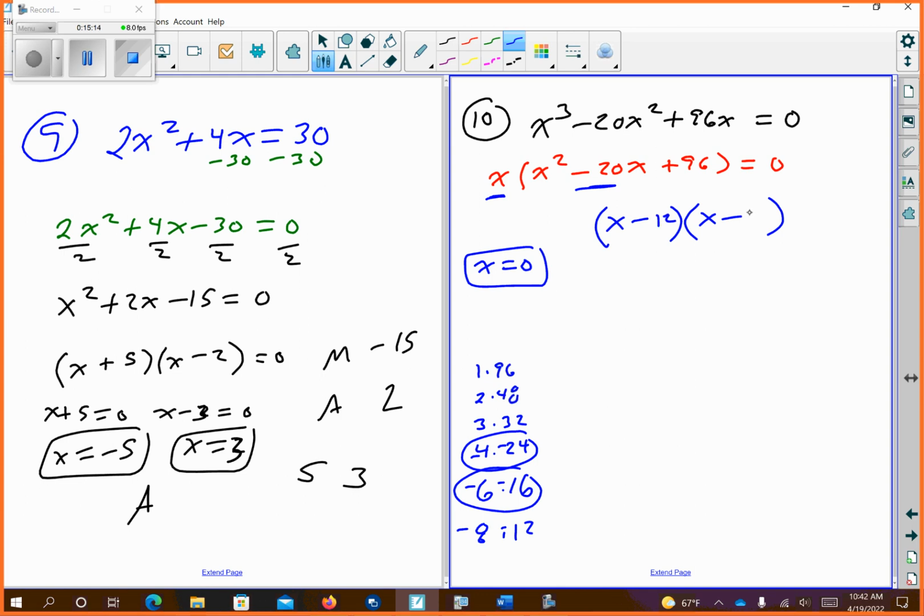So that means this answer is x equals 12 if I set it equal to 0. This answer is x equals 8 if I set it equal to 0. So notice, my friends, I have 3 answers. I have 0, 12, and 8, which looks like answer C.